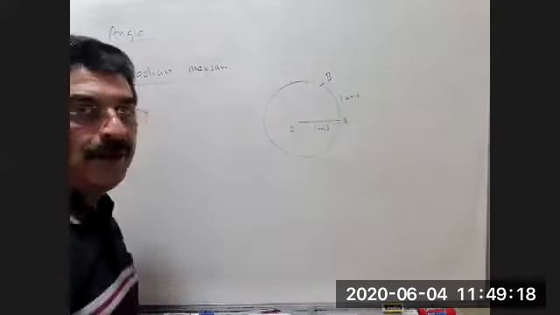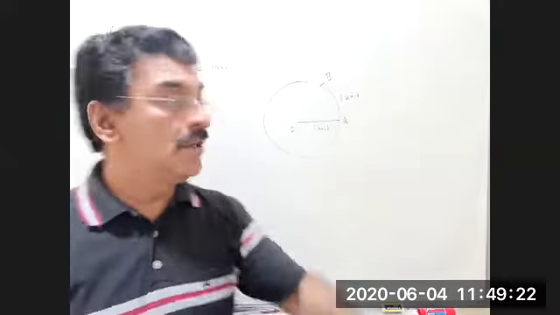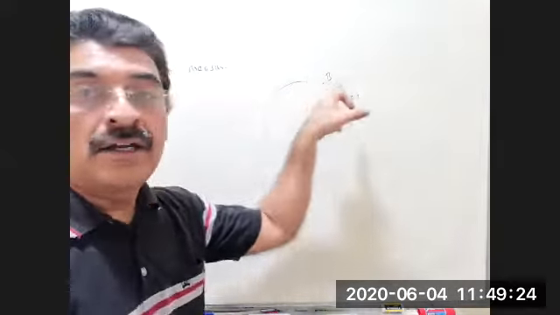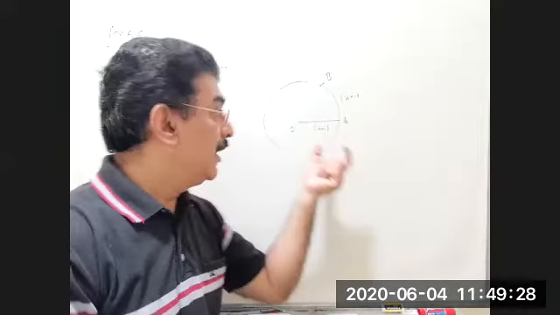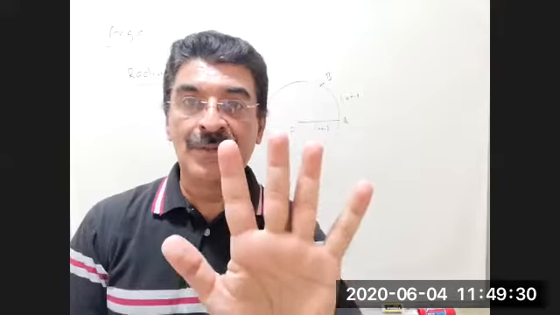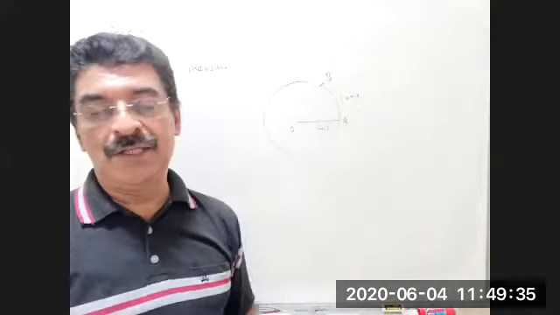If the length of OA is 1 centimeter, the length of arc AB is also 1 centimeter. If radius OA is 5 centimeters, the length of arc AB is also 5 centimeters.